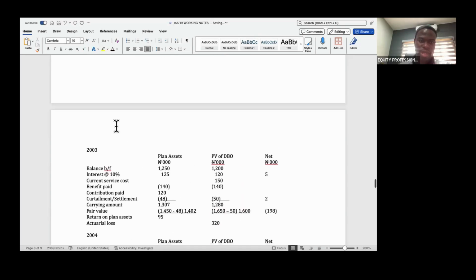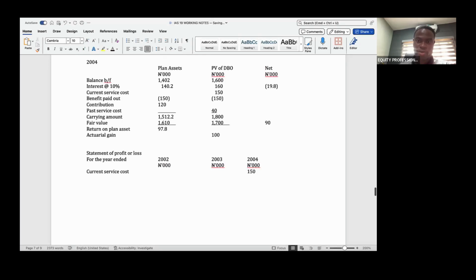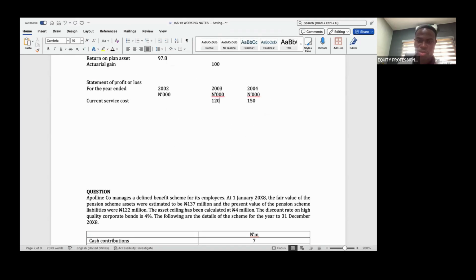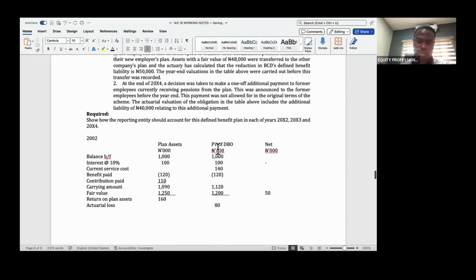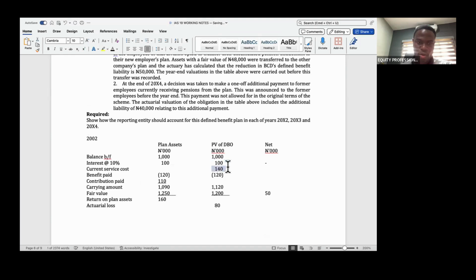So my current service costs, I can see immediately 2003 is 150. 2004, 150. 2003, 120. 2002, how much is my current service cost? 140.